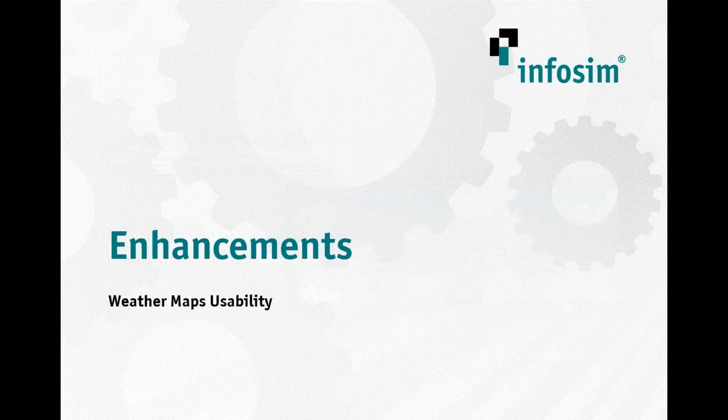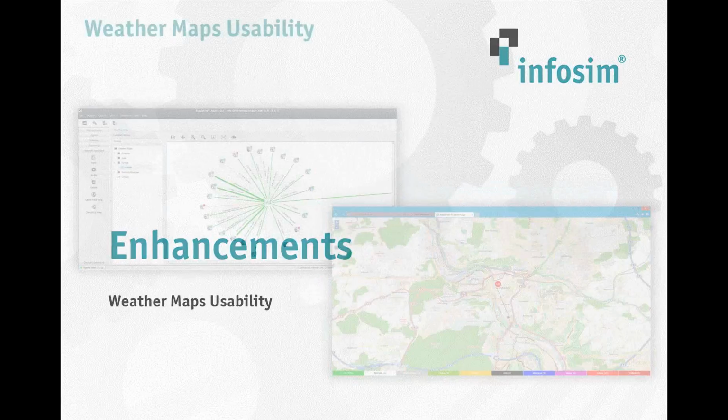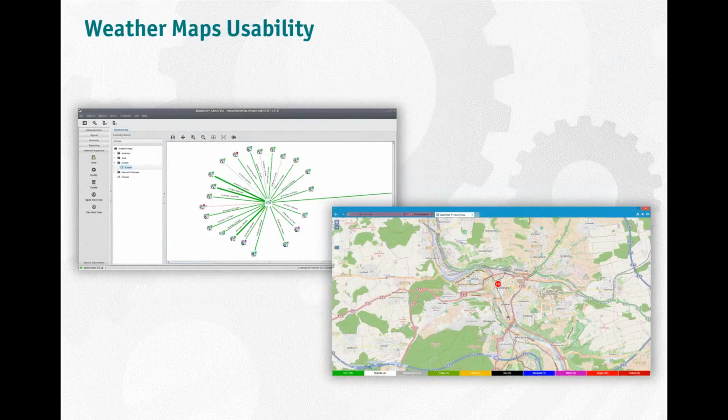Another enhancement we did to our weather map usability is that we are now able to display the bandwidth or the traffic which is running over a link in our weather map. As you can see, the width of these different links is different. This one has a small width, this one has a bigger one, and this completely depends on how much traffic is running over your link or what is the current bandwidth of your link.